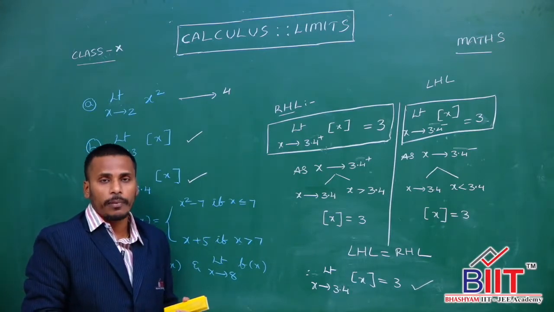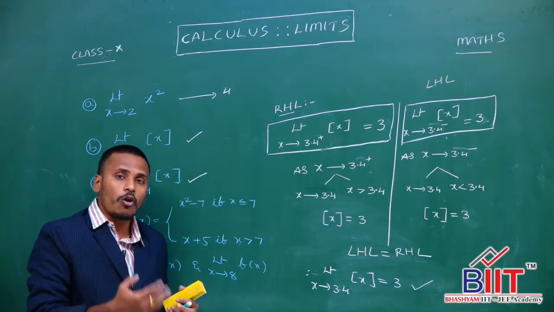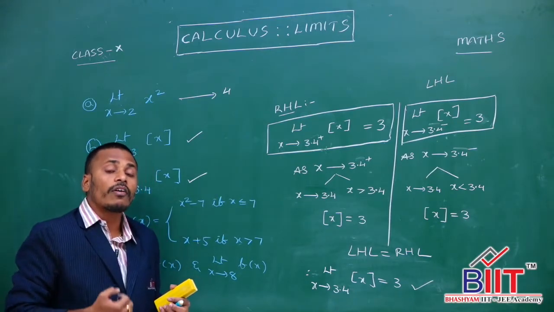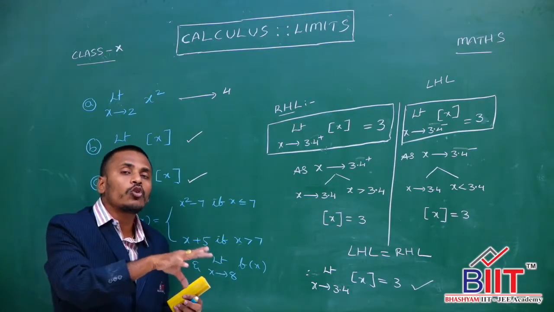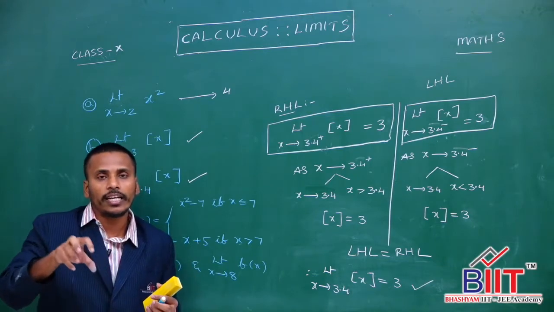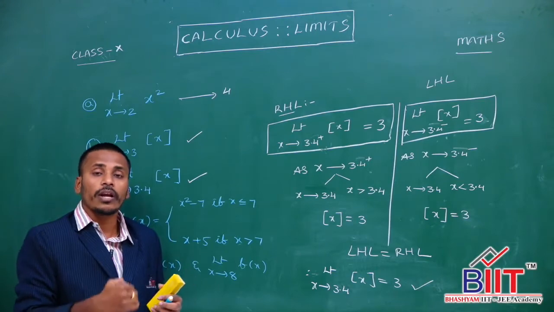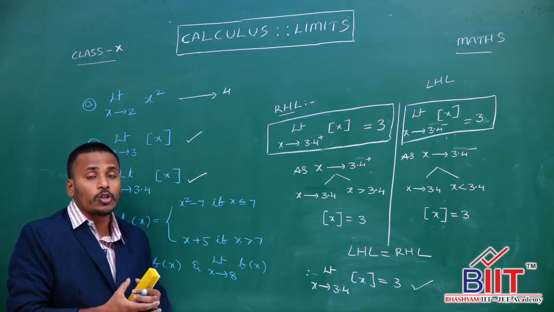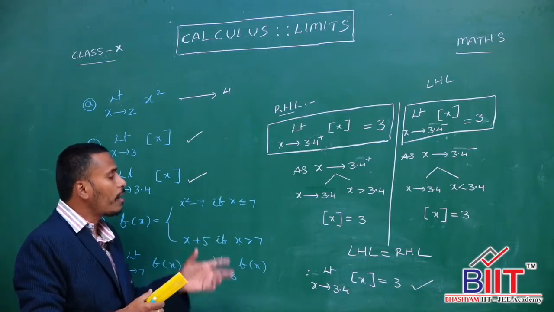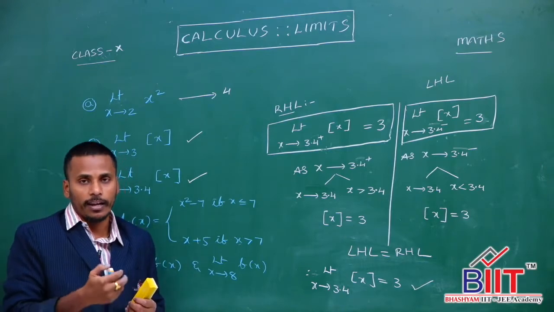Likewise, not only for step x, but for fractional part of x, modulus of x, square root of x, and different functions which you learnt in the functions chapter, you need to observe the limit values at different points. All these things are already discussed in your regular class. Just as a part of reminding and revising, I am giving you some examples, and you need to analyze all other special functions and their limits, right?